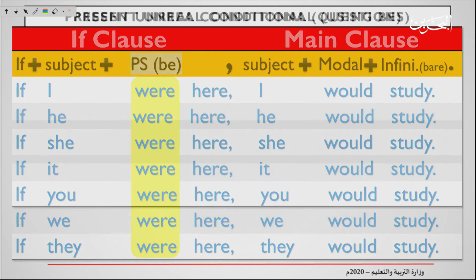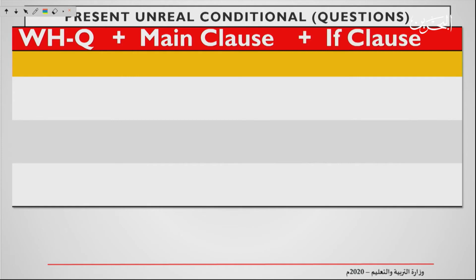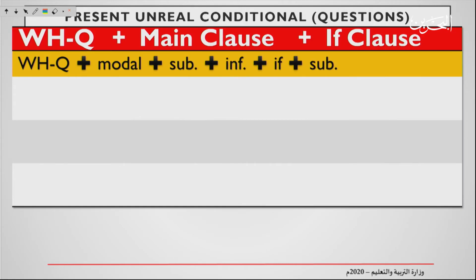All right. Now, present unreal conditional questions. How to form questions? Let's check. WH question words plus main clause plus if clause. So I start with the WH question word plus a modal plus a subject plus an infinitive plus if, a subject, past simple, and complement with a question mark.